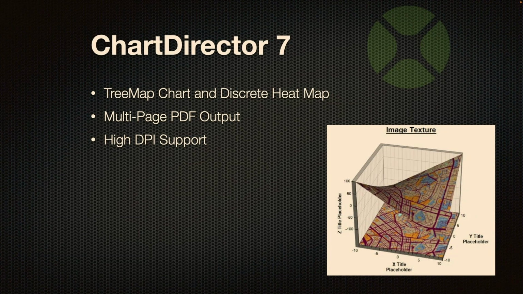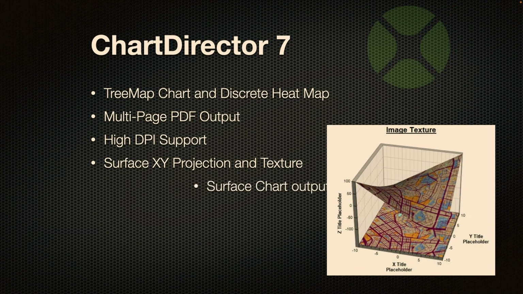Then there's new code for projections. So in this chart, you see there is a texture on the bottom, and then it's projected on the actual chart above it. And the output for this surface charts is now a vector graphic for either PDF or SVG. So you can output all the charts as both PDF and SVG in vector graphics.